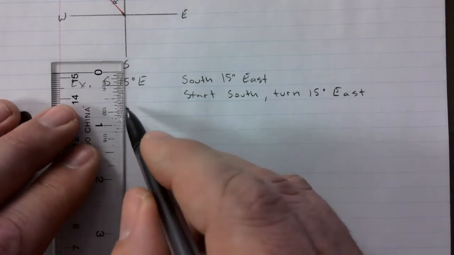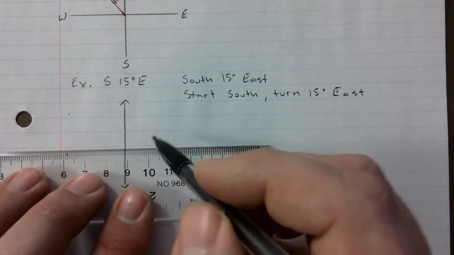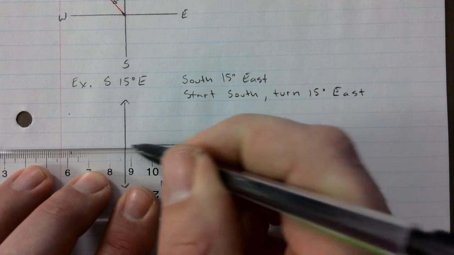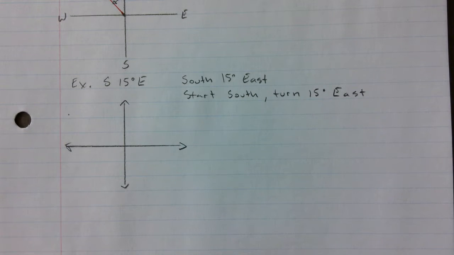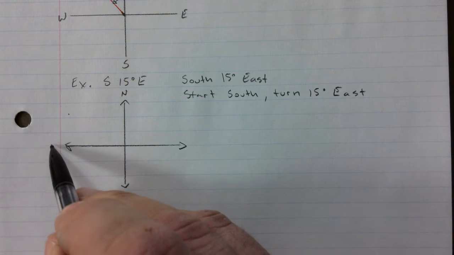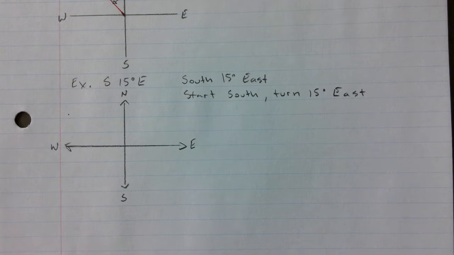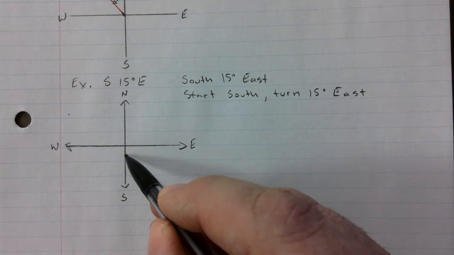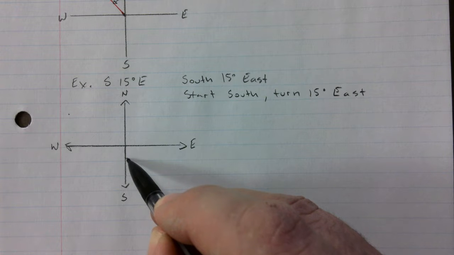I'm going to make one more, not too big. You don't want to use up too much room. So we start south, just start traveling along it, and then you turn 15 degrees.